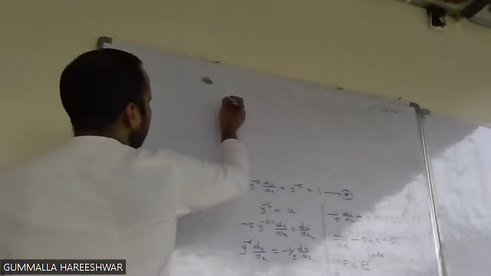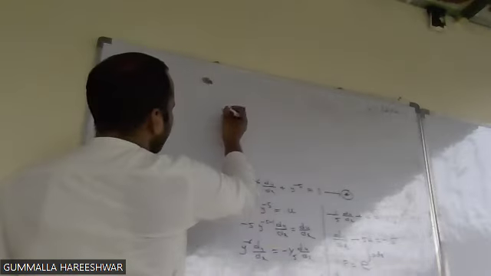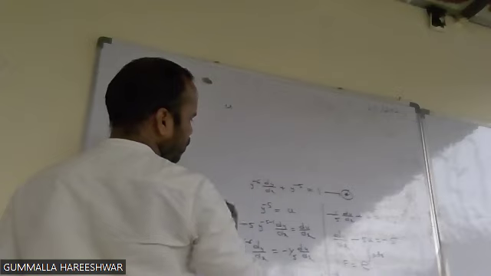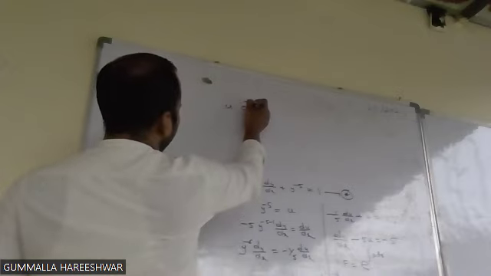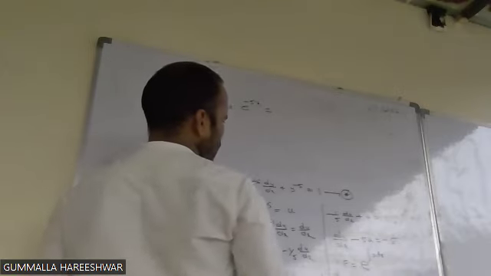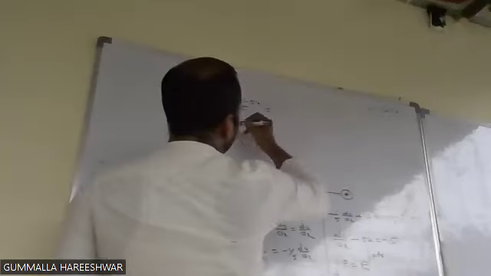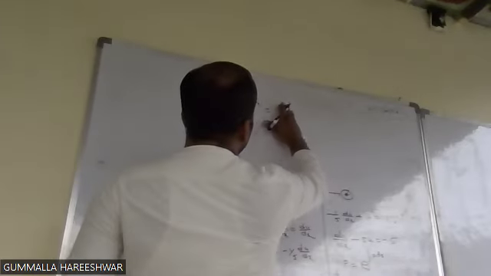Now the general solution of this equation is u into the integrating factor, e power minus 5x, equals integral of q times the integrating factor dx. What is q here? Q is minus 5.